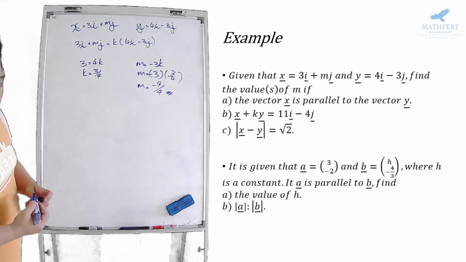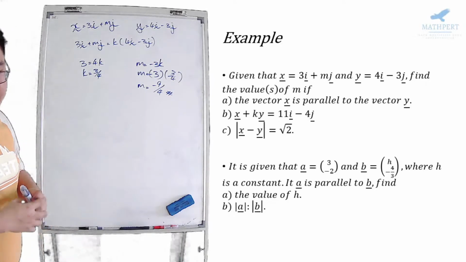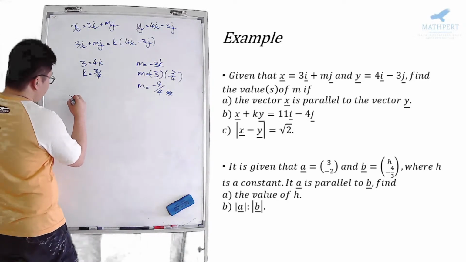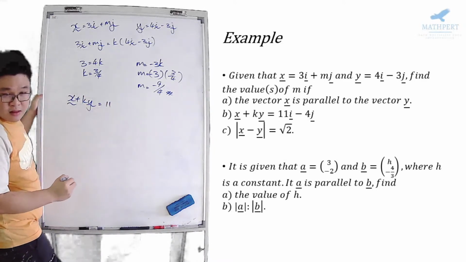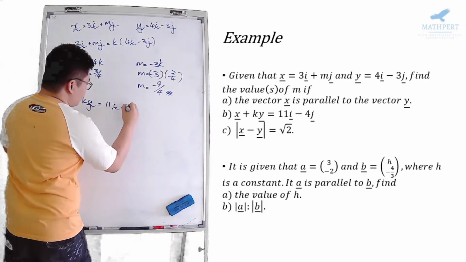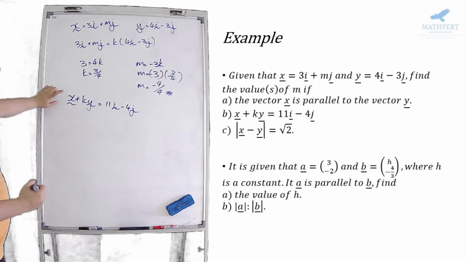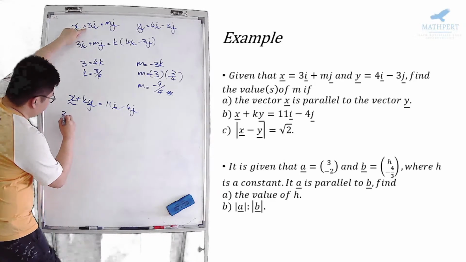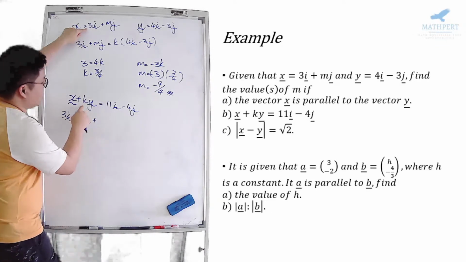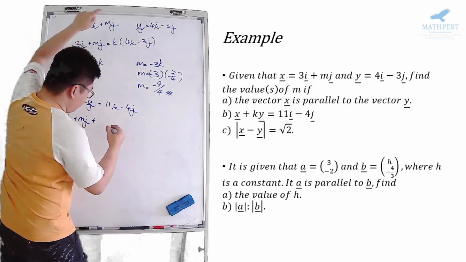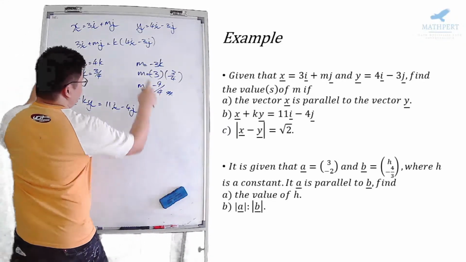Okay? B, x plus ky equals to 11i minus 4j. So x plus ky equals to 11i minus 4j. So again, x is equal to 3i plus mj plus ky. So I directly multiply k into y.